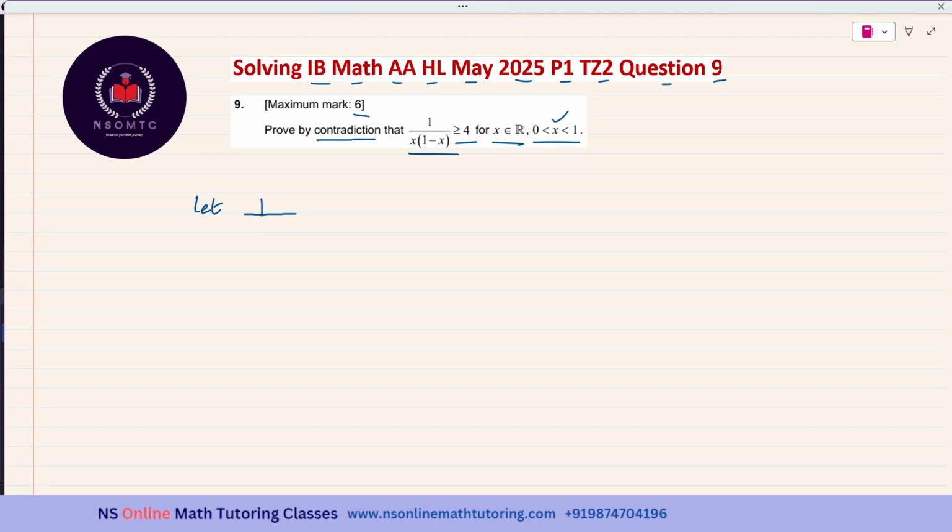It is absurd. That is what we do for proving by contradiction. So 1 over x times 1 minus x is less than 4, and x is a real number between 0 and 1.